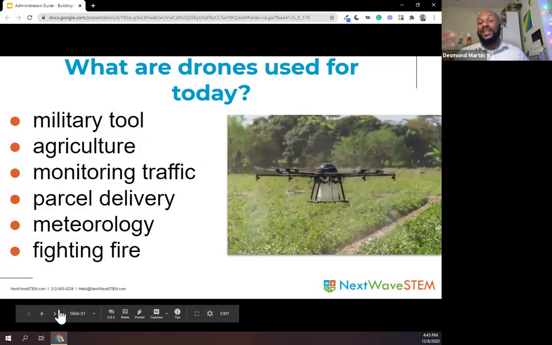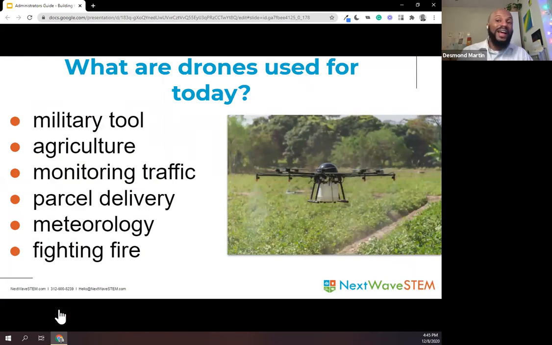So when you think about the way that these drones are being used today, it's not just vaporware. Of course, we know that drones are used as military tools, but in the agricultural sector, in actual infrastructure, whether that is in journalism or in actual city planning, when we monitor traffic, many of us have heard about drones doing parcel delivery.